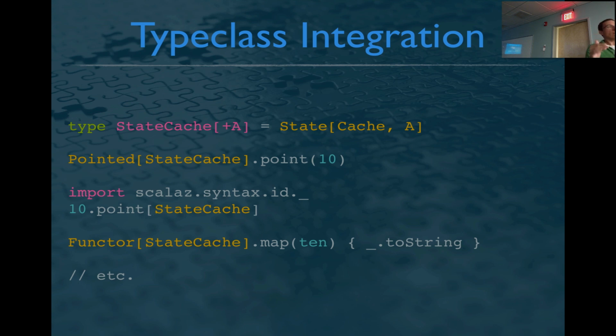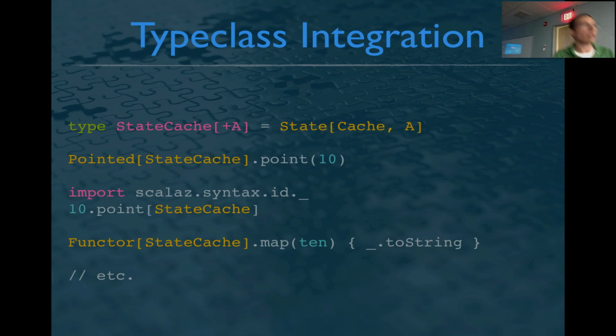If I have an abstraction, though, that says any one of these types that have a single type parameter, like Option or List or, in this case, StateCache, if they all have something in common, where they can go from an A to an F of A, whatever the F type is, can I abstract that out into some new type class?